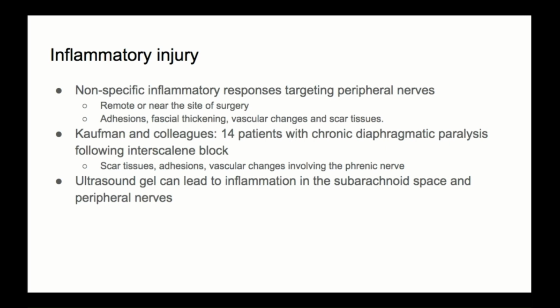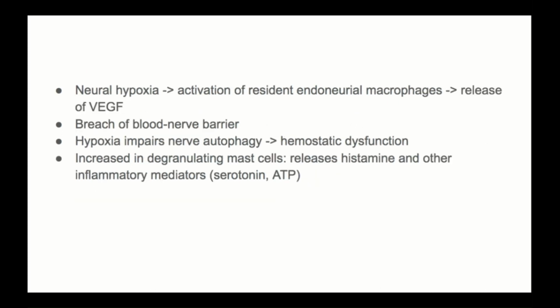Animal studies have also shown that ultrasound gel itself, if it goes into the peripheral nerves, can cause inflammation. So whatever causes neural hypoxia can cause inflammatory changes and activation of the resident neural macrophages.